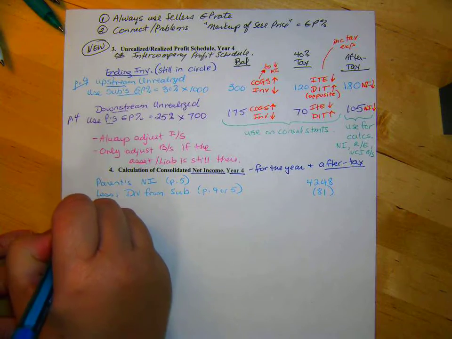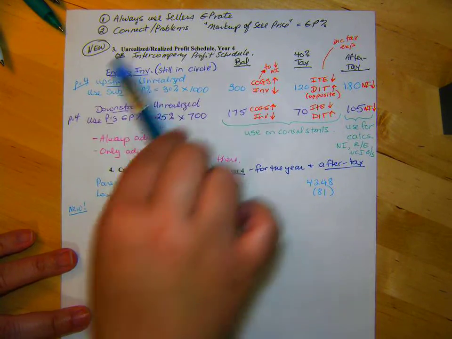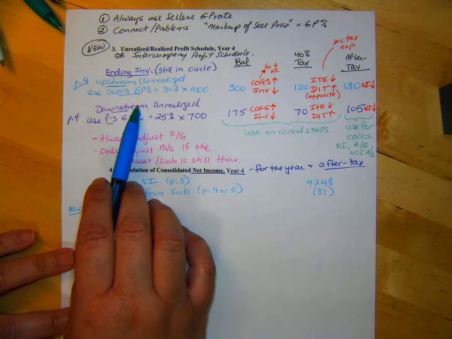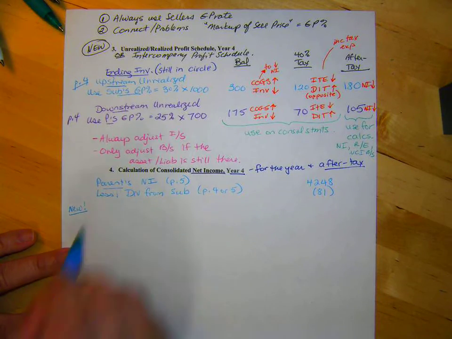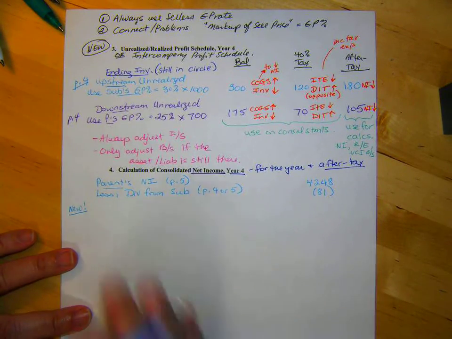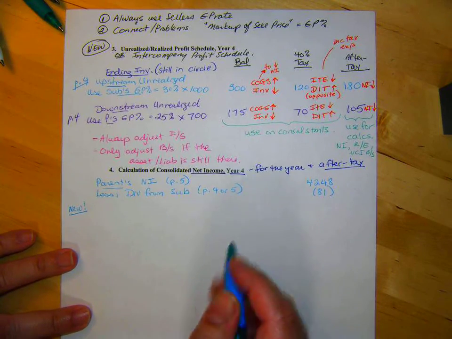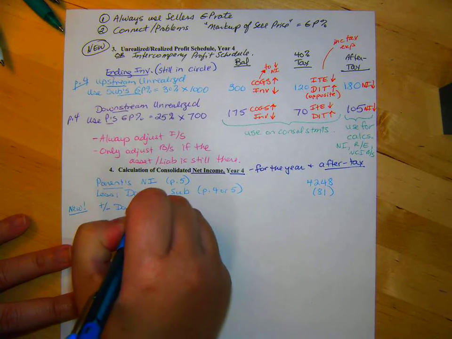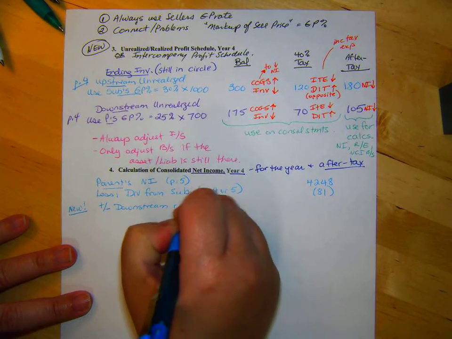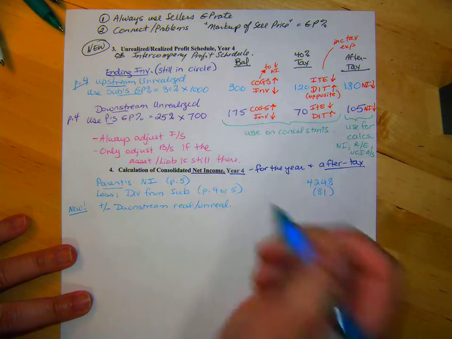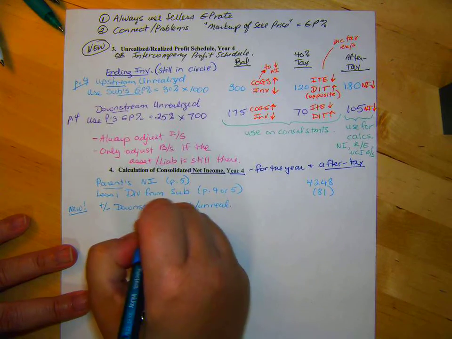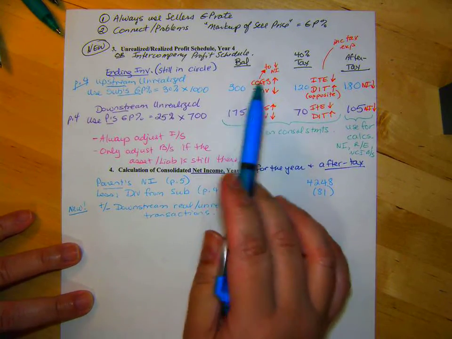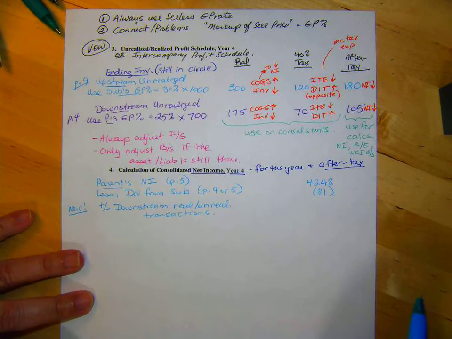Now, this is our new part. We have to look at this schedule up here, and anything that's downstream is going to come up in this section because it has to do with the parent. So downstream, the parent would be selling. So we're going to plus or minus, as we need to, downstream realized, unrealized transactions. Looking at this, which one's downstream?